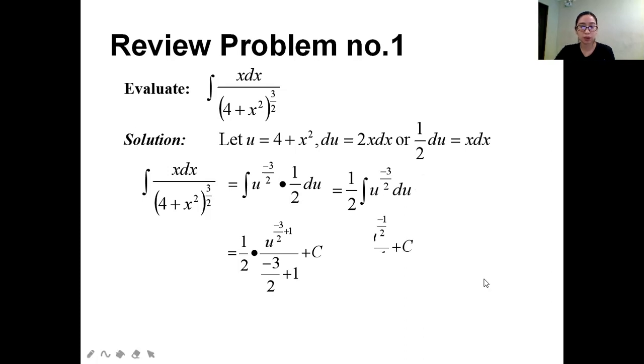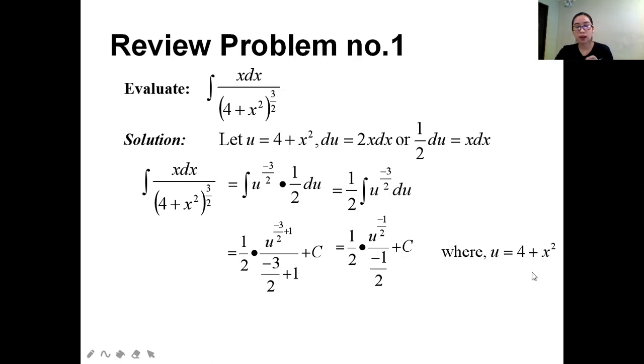If we simplify it, the answer is equal to 1/2 times u to the negative 1/2 over negative 1/2 plus c. With further simplification, since it is in the denominator, we reciprocate it. So, 2 divided by 2 is 1, so negative u to the negative 1/2 plus c.